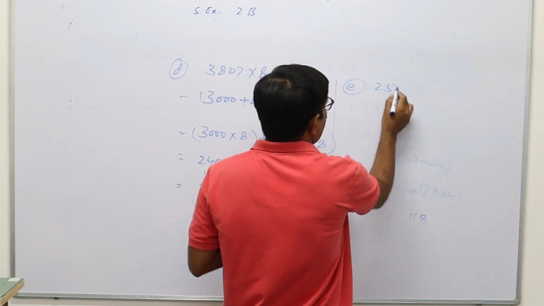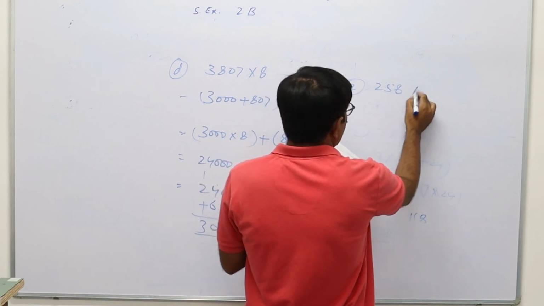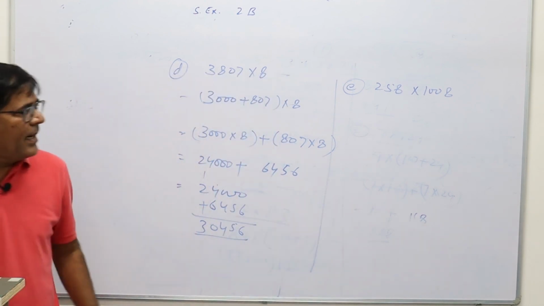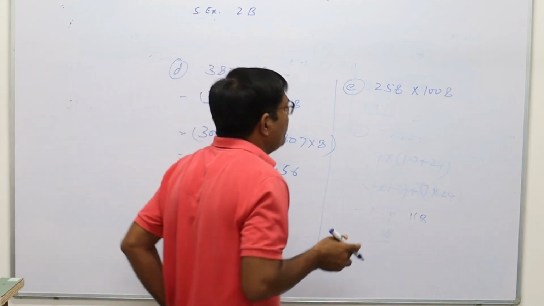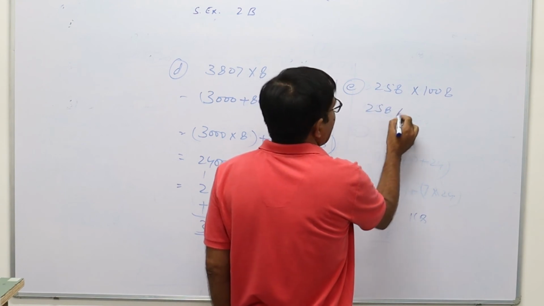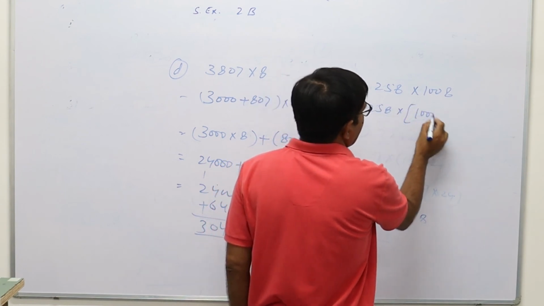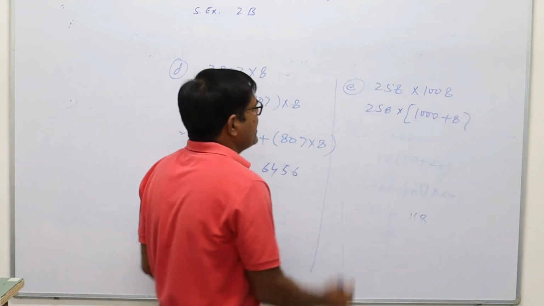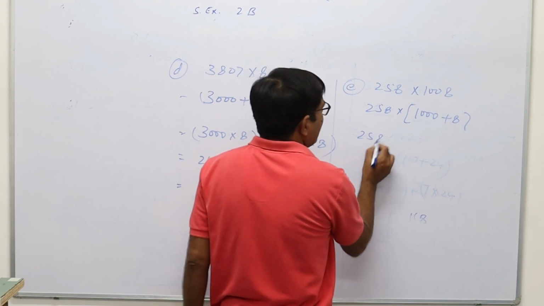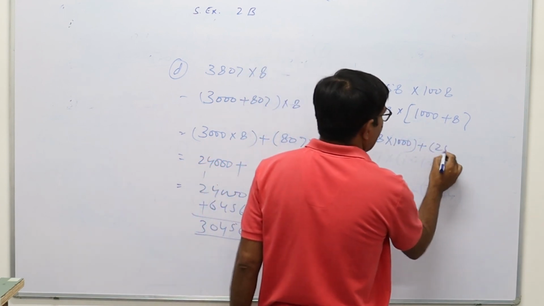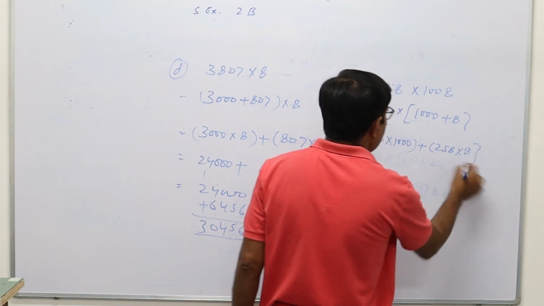The next question, E, multiply 258 with 1008. So we will use again multiplication distributive over addition. So 258 multiplied by 1000 plus 8. So multiplication is distributive over addition. So 258 multiplied by 1000 plus 258 multiplied by 8.